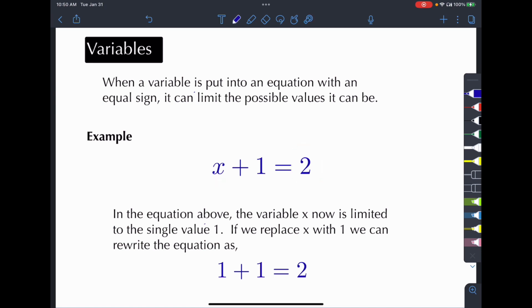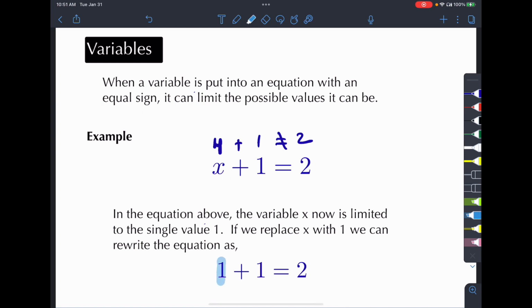So x can't be a 4, because if we add 1 to 4, we have 5 is equal to 2. That would be bad. That would be madness. So once we've put this equal sign in, x is limited, and in this case, x is limited to 1.